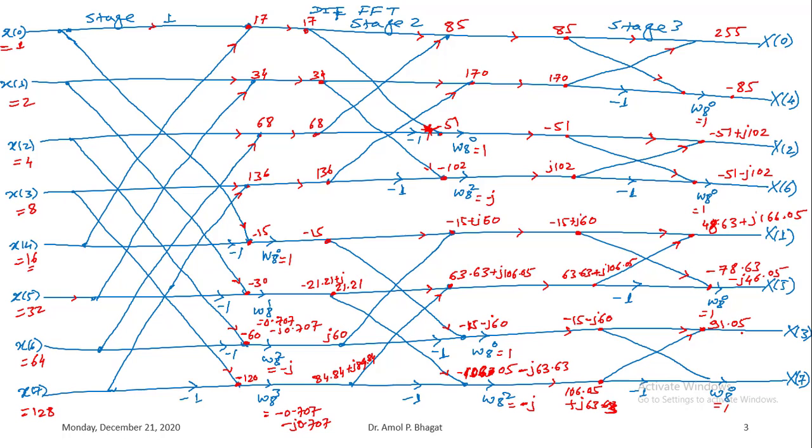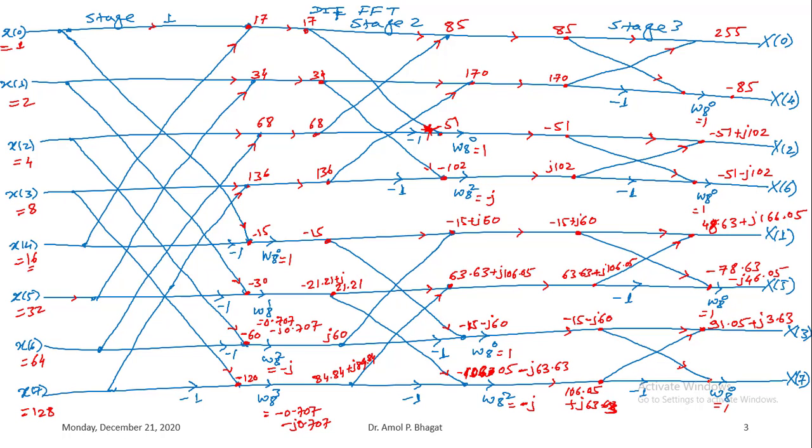So here it will be plus J3.63, right? This is nothing but this 63.63 minus 60. Okay. So here again this value is coming, that is minus 15 minus J60. Okay.